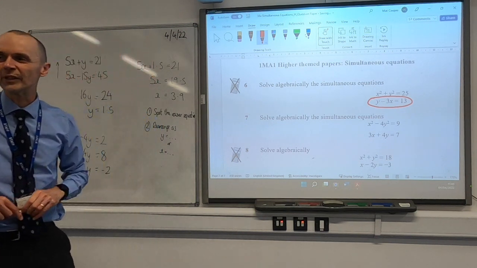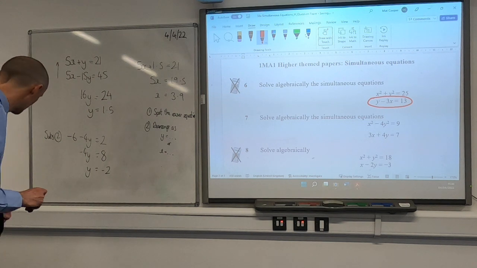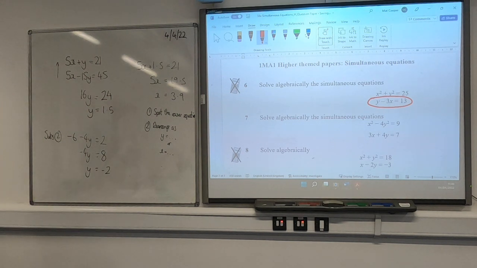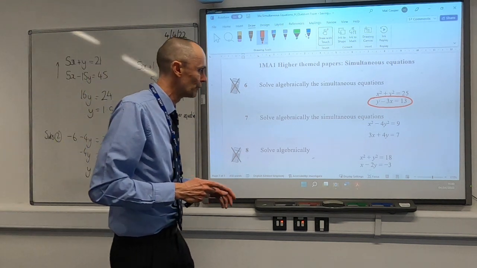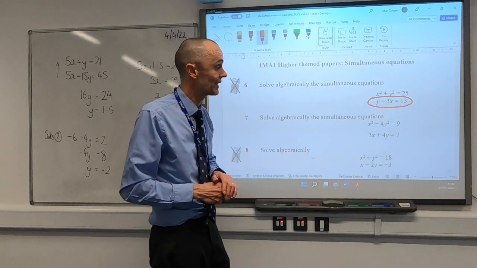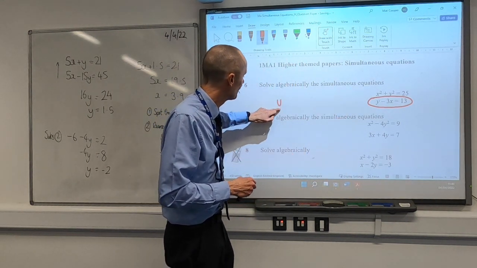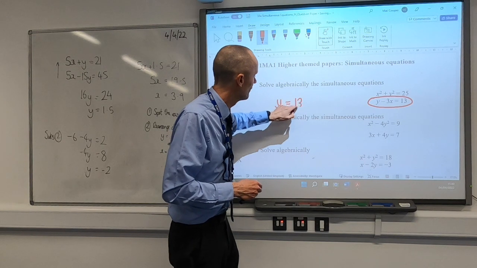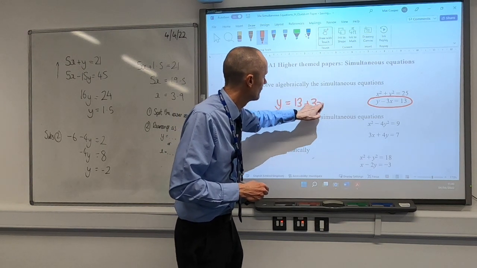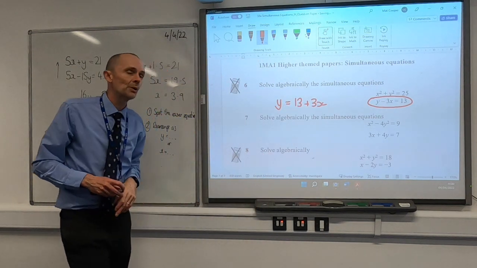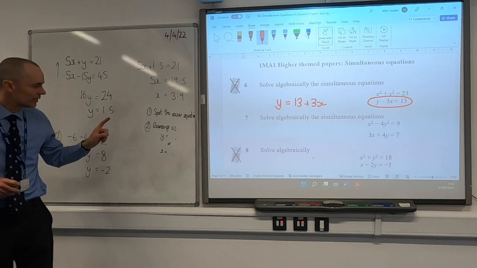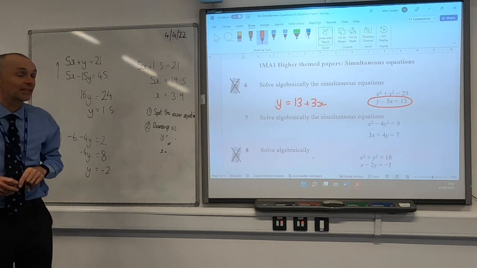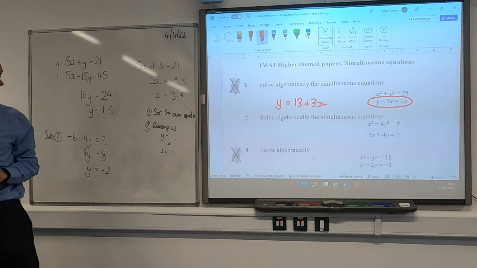And 13 divided by 3, well, that's not very pleasant. So in this case, I'm much more sensible to rearrange that second equation. So I've rearranged the easier equation in this case as y equals.